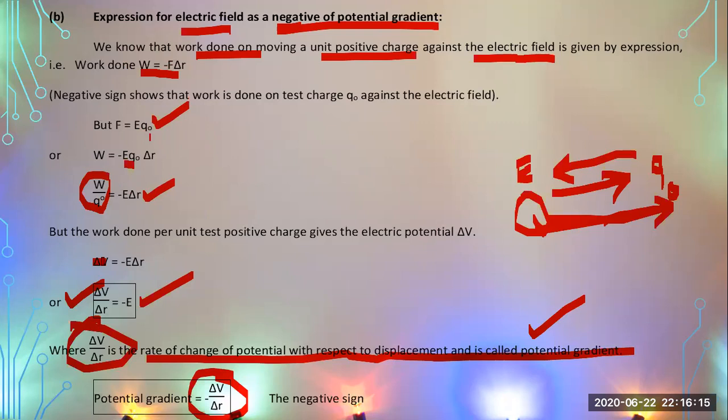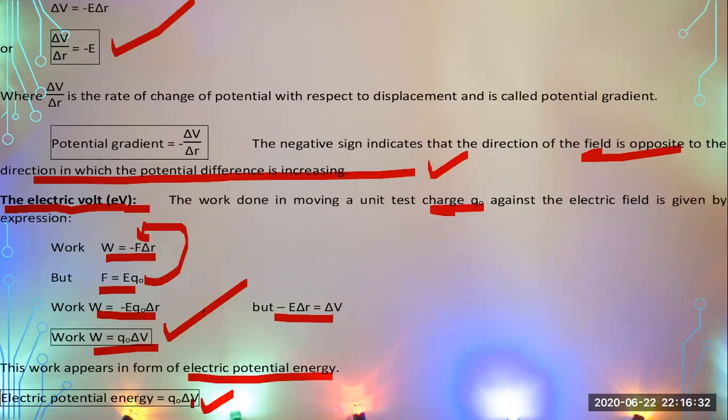After defining electric potential, you learned the potential gradient, which is the rate of change of electric potential with respect to displacement del R. Finally you calculated the potential gradient, and it is equal to minus del V over del R.